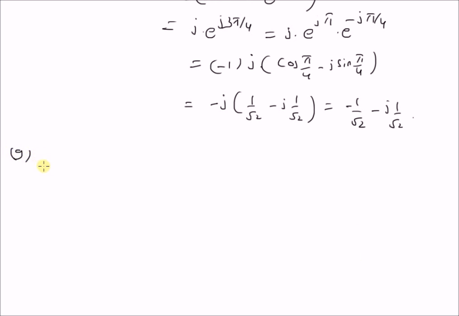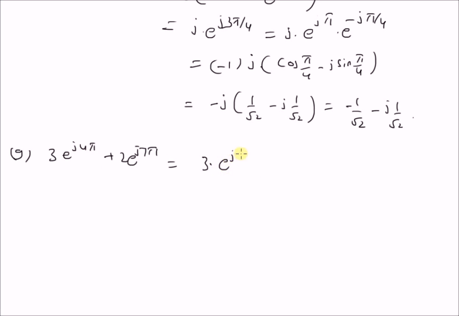The next example is a sum of two complex numbers in polar form, that is 3 times e power j 4 pi plus 2 times e power j 7 pi. For this kind of problem, first we have to simplify the expressions and then convert them into complex forms, and then we can easily add them. So 3 times e power j 4 pi is basically a multiple of 2 pi.